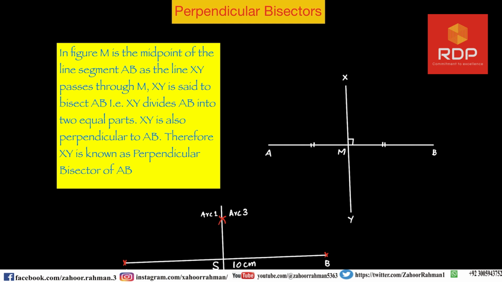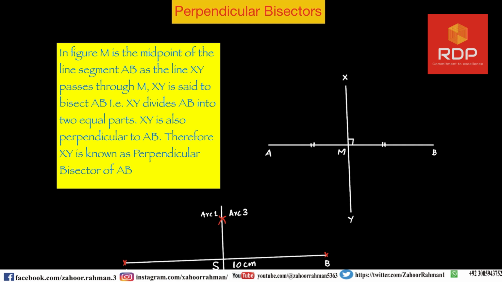You can see the figure in which there are two lines cutting each other at M. M is the middle point of AB, and you can see XY is at 90 degrees to that line. Those two equal signs show that these two lines are equal. So let us say in the figure, M is the midpoint of the line segment AB.